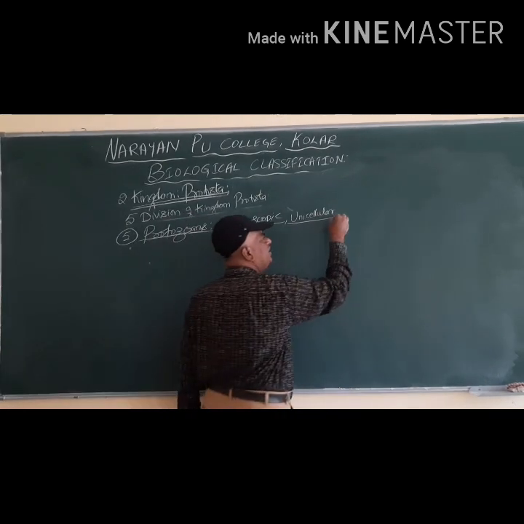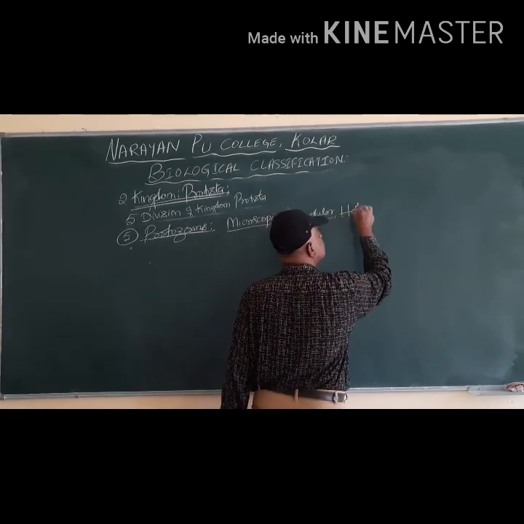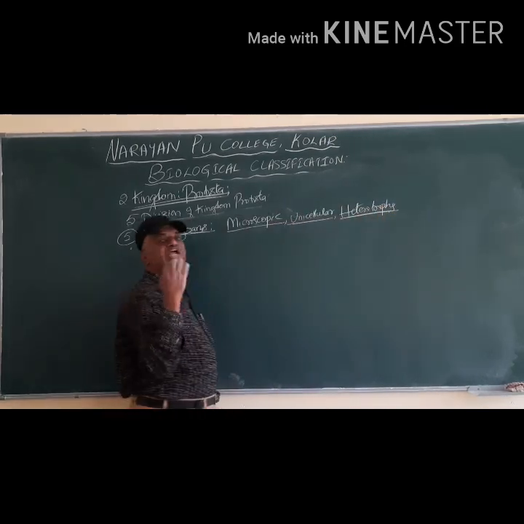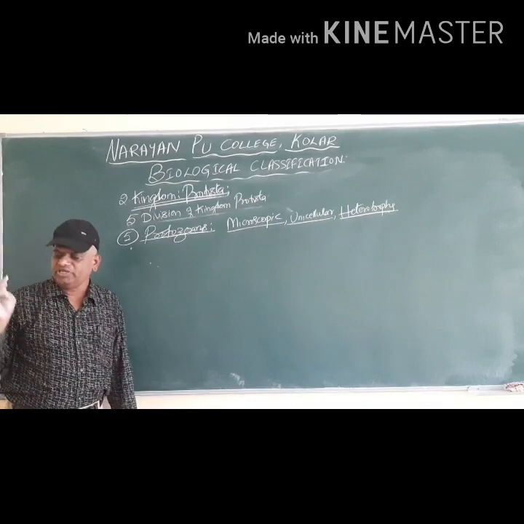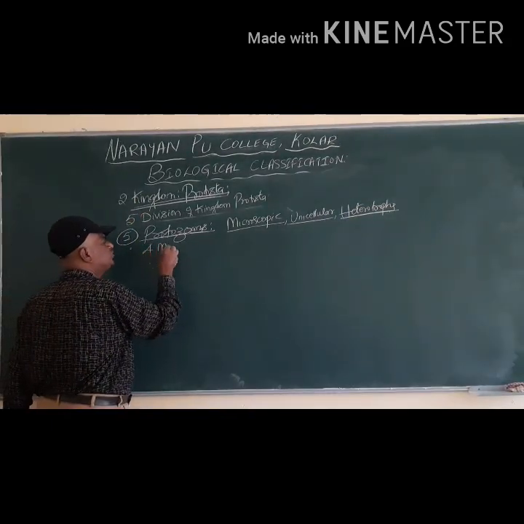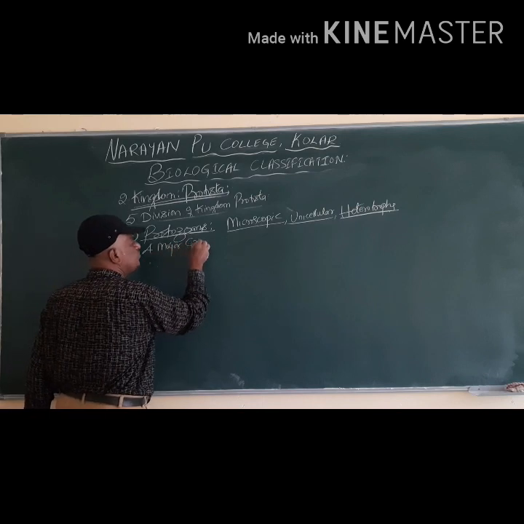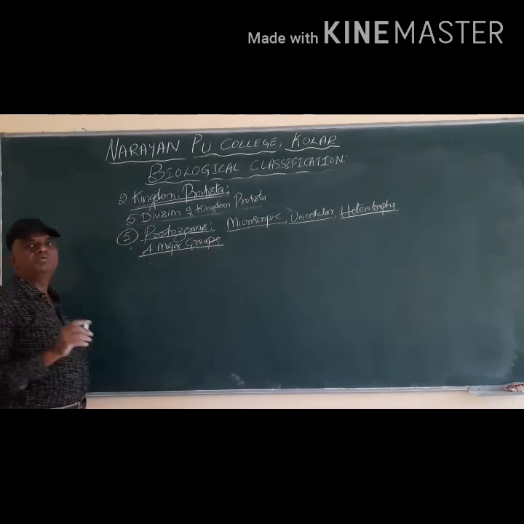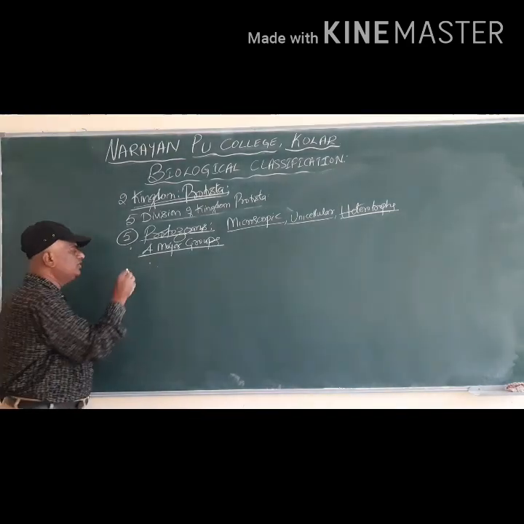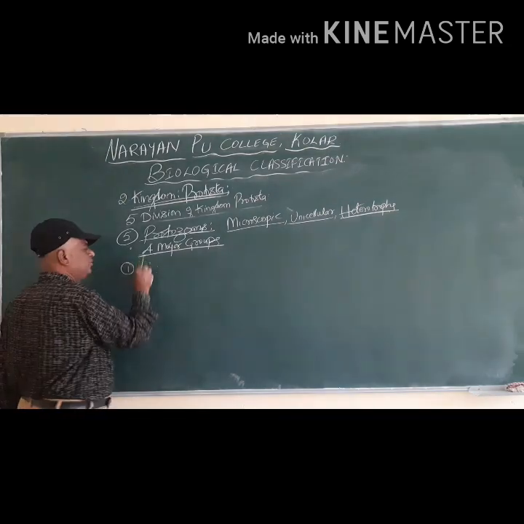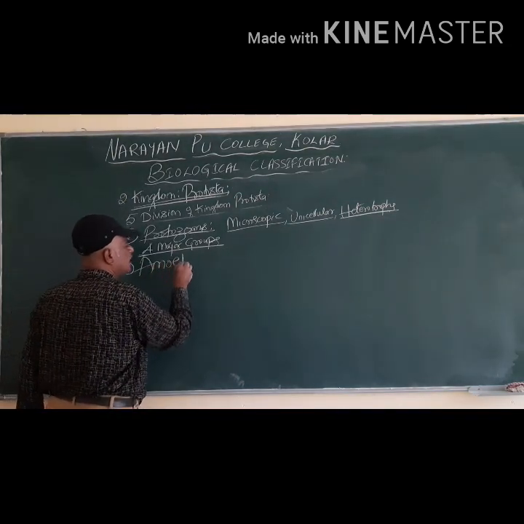They are heterotrophs, meaning they depend upon others for food. This has four major groups, and we are going to see one after the other. The first one coming under this is called amoeboids.